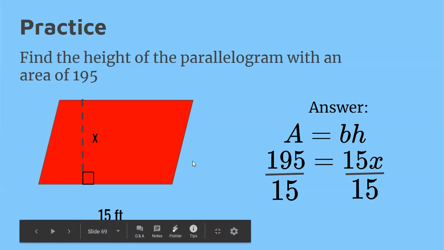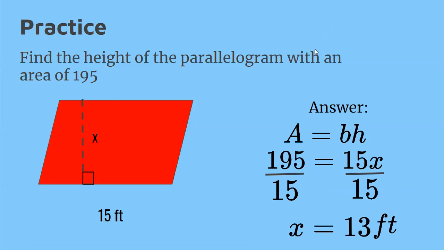Once we get the x alone, we know the height of the parallelogram. You should get x equals 13 feet. And remember, label your units. This will help you not get marked off on the test.